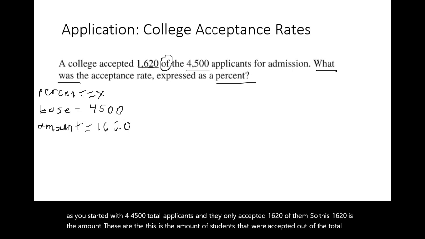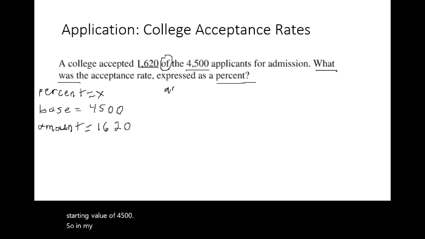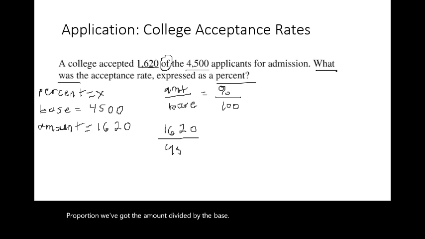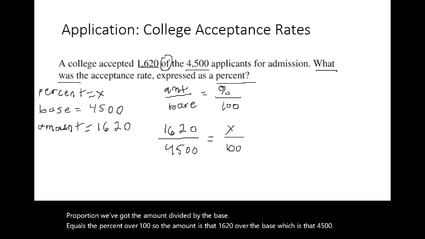So in my percent proportion, we've got the amount divided by the base equals the percent over 100. So the amount is that 1,620 over the base, which is that 4,500, equals the percent, which is x, over 100.